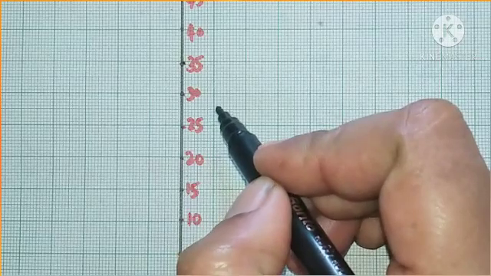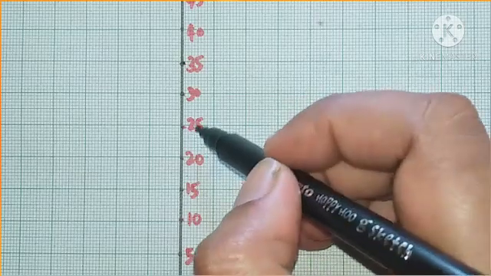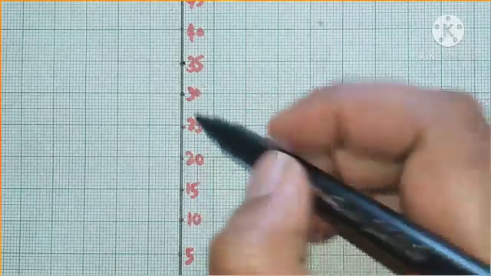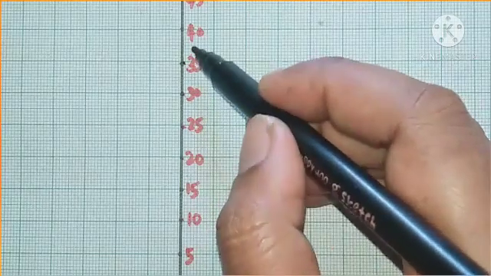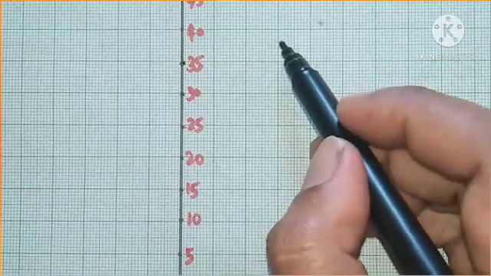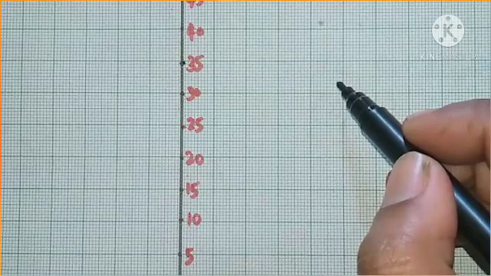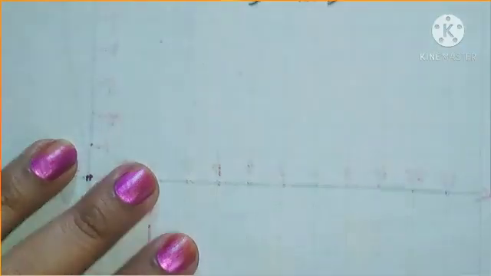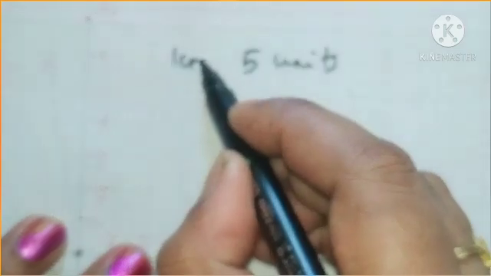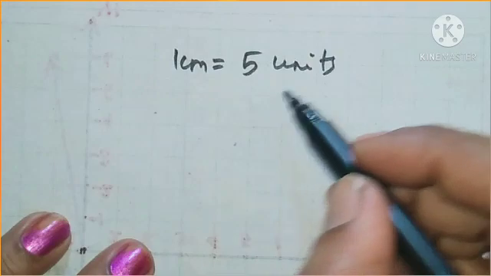You want to understand this, because this is a 5 unit scale. Always you want to consider the small lines in between. How many lines are in between a unit? Yes, there are 10 subdivisions. 1 centimeter shows 5 units here, and there are 10 subdivisions.